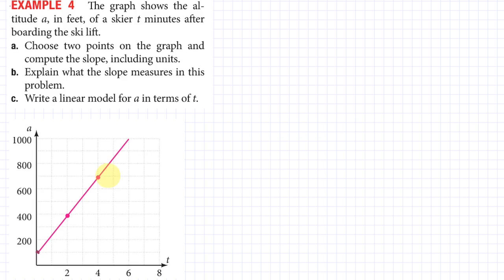That looks like we have 700 there and 400. So for part A, we're going to do the delta A instead of delta Y this time, divided by delta T instead of delta X.